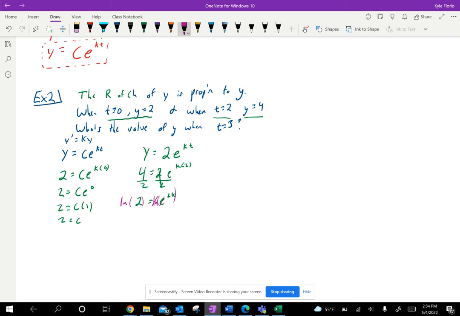The e and the natural log undo each other, so the natural log of 2 is equal to 2 times k. If I want to solve for k, just divide both sides by 2. So you put the natural log of 2 divided by 2 in the calculator, and that gives you about 0.3466.